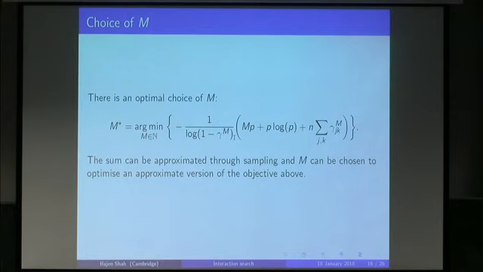So in this objective function here, we've got all of the interaction strengths inside here raised to the power of m. This is not something that we know unless we really computed all these interaction strengths, but we could sample interactions and get some idea of what this quantity is, and then try to minimize an approximate version of this objective function. And that gives a reasonable choice of m that seems to work well in practice.